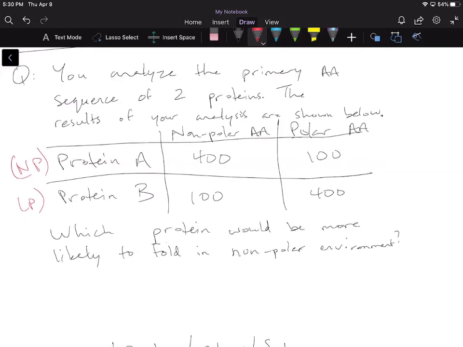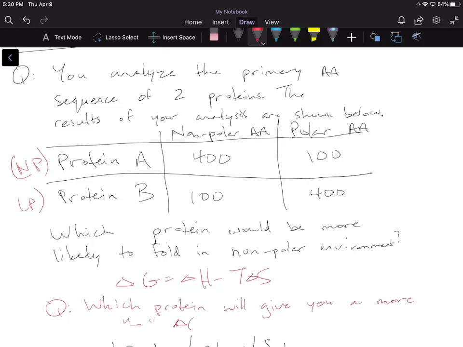So when the question is asking you which protein will be more likely to fold in a nonpolar environment, what it's basically asking is, if you're looking at this delta G equation, okay, remember delta G is telling you the favorability of the reaction. So it's telling you if the reaction is going to be spontaneous or not. So if I could rephrase the question, what the question is essentially asking is which protein will give you a more negative delta G, okay?